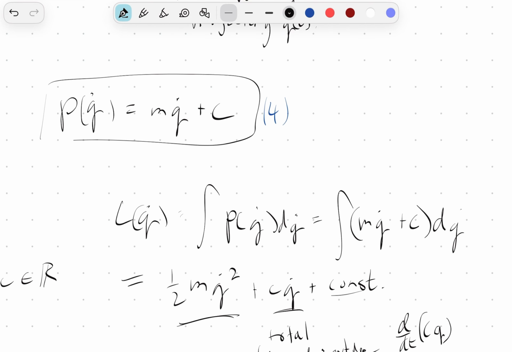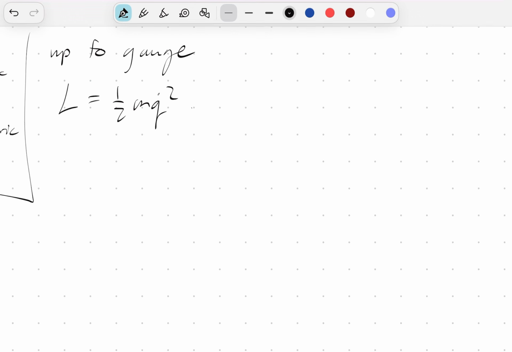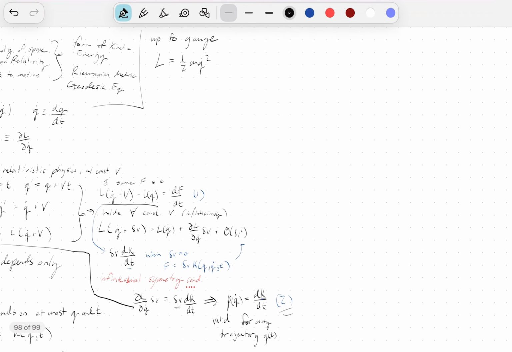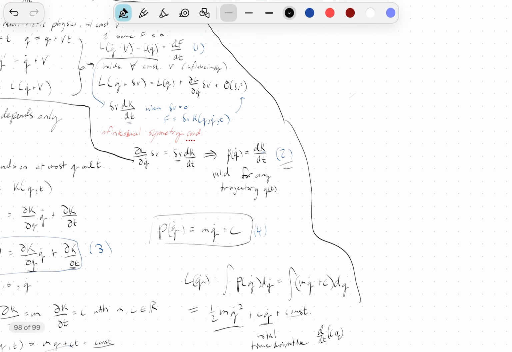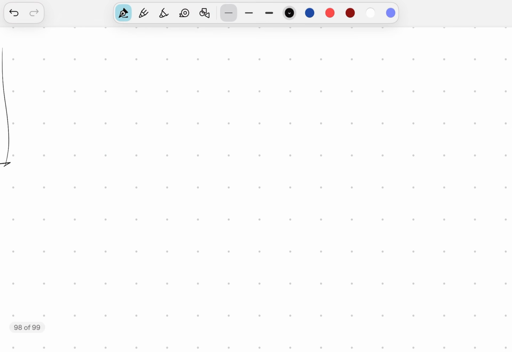Now, why that's important to note is because this is the cornerstone for everything that follows. Because now we can work with a system in a uniform gravitational field. Just to delineate where we were working from, we can place a particle in a uniform gravitational field and force it to live on a curve.